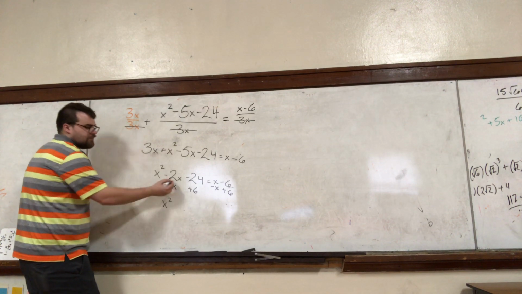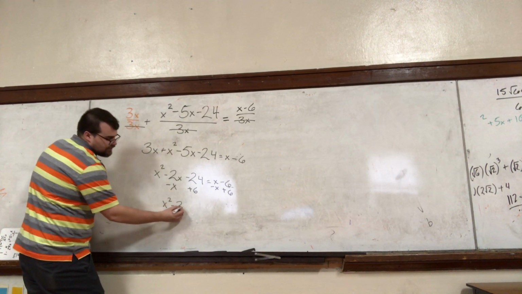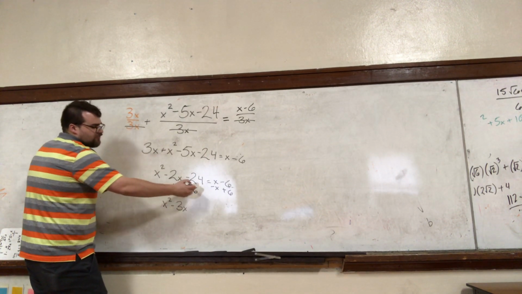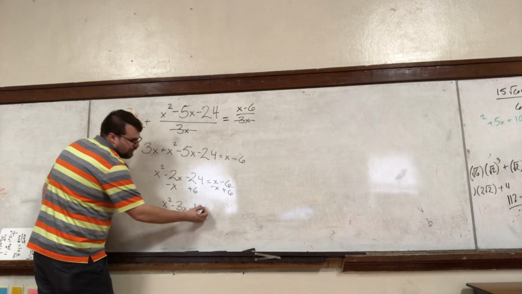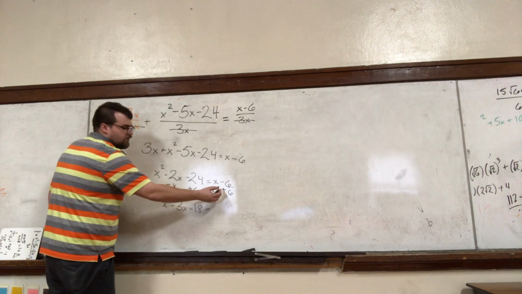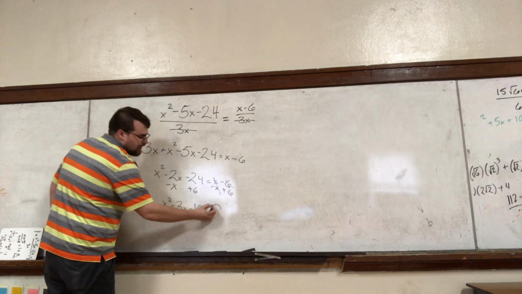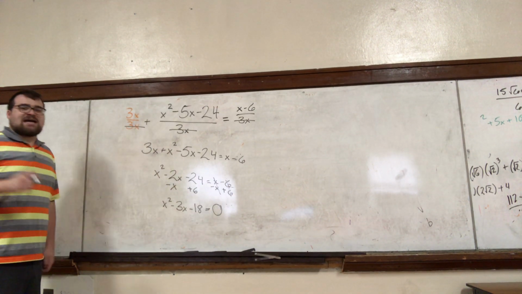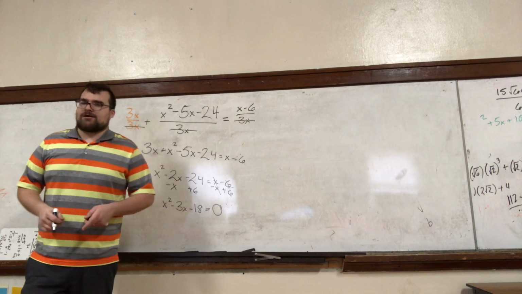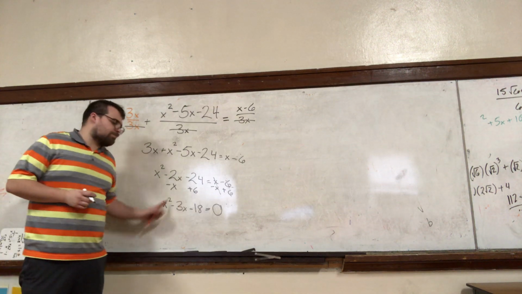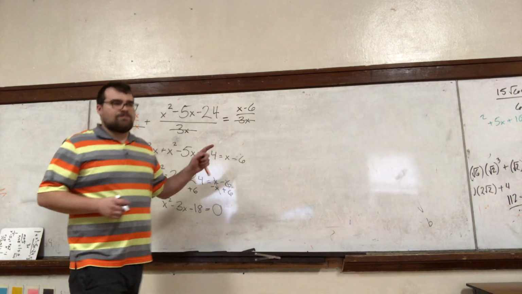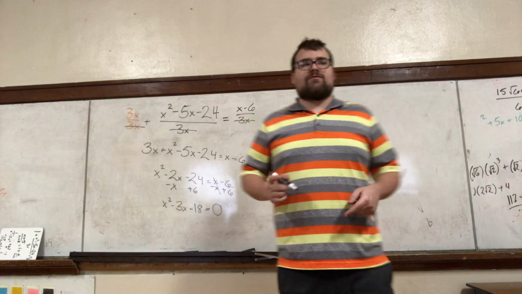X squared, negative 2x minus x, which is negative 3x, and then negative 24 plus 6, negative 18. What is that going to equal? 0, because we cancel all this out, it equals 0. Now is when we want to do that basic factoring. Now that we have everything by itself, or this whole polynomial equals 0, that's when we want to get our basic factoring involved.